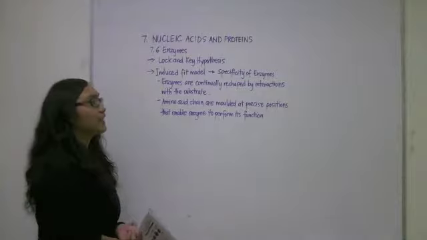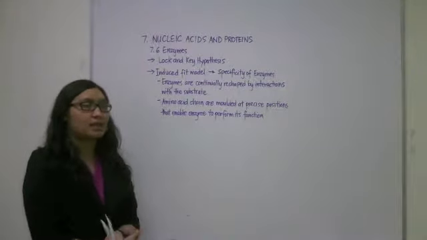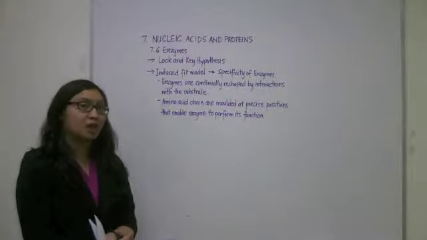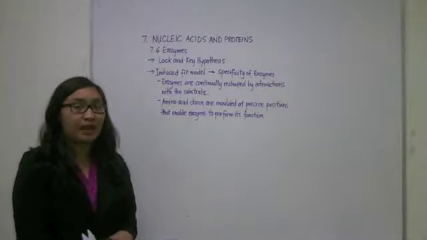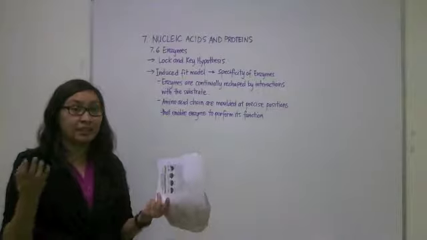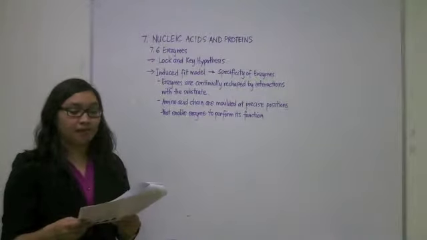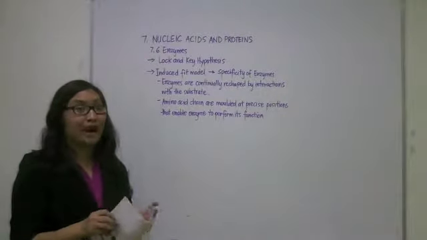Okay, previously in the core part of enzymes, we discussed that for substrates to be changed into products, they have to bind to a specific enzyme. So for every substrate, there is a specific enzyme that works with it. That is made possible because of the active sites.